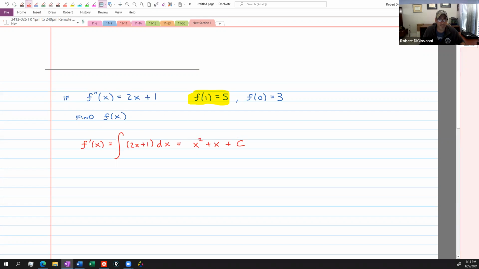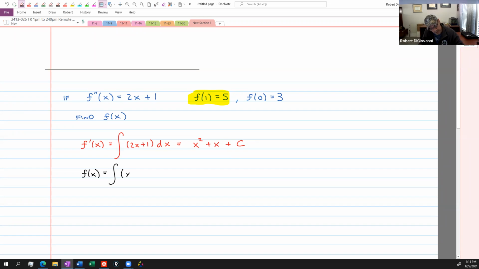We don't know it. And we're never going to know it because, well, not never. We're not going to know it right now because we are given no information about the derivative, right? Nothing, right? So, all right, what do we do? Well, let's just try and find f now by taking the antiderivative of that answer.